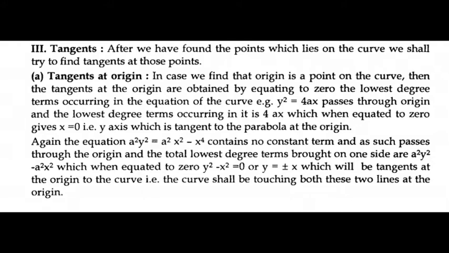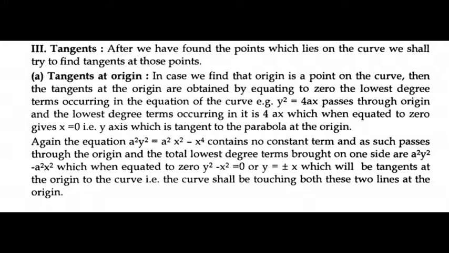To find the tangents at the origin, as you have seen, the curve y square is equal to 4x passes through the origin, that is the vertex. Then to find the tangents at the origin to this curve, what do we have to do? We have to equate the lowest degree term occurring in it.